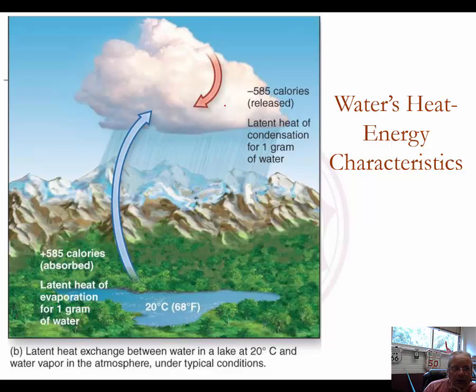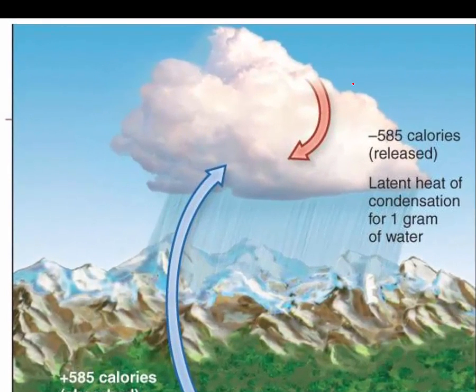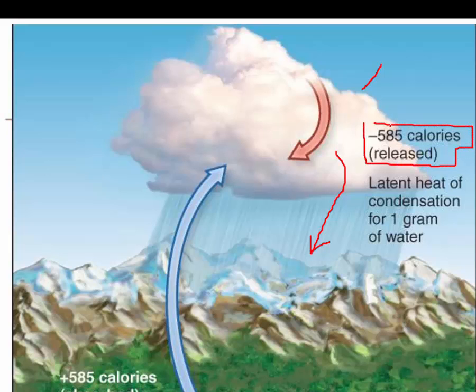So if there's a rain cloud going by and the water vapor in the air condenses to clouds and then later condenses into water droplets far enough to fall onto the ground, perhaps at a nice 68 degrees, that is a release of 585 calories of heat energy back into the atmosphere.